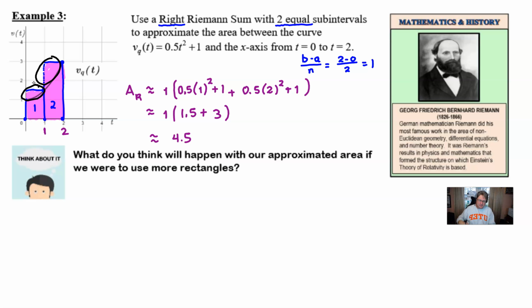A little bit of history about this idea of the Riemann sum. It's an idea that was presented by George Friedrich Bernhard Riemann. He was a German mathematician. He did most of his work in the area of non-Euclidean geometry and differential equations and number theory. But it was basically his results in physics and math that formed the structure for which what Einstein's theory of relativity is based. So he's certainly a big player in the world of mathematics and science.